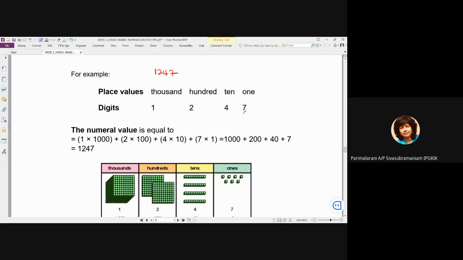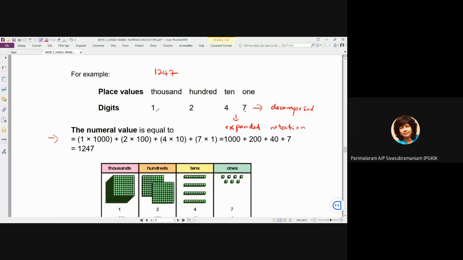This number can be decomposed, or we can say we write this in expanded notation. Decompose means we are breaking something down.